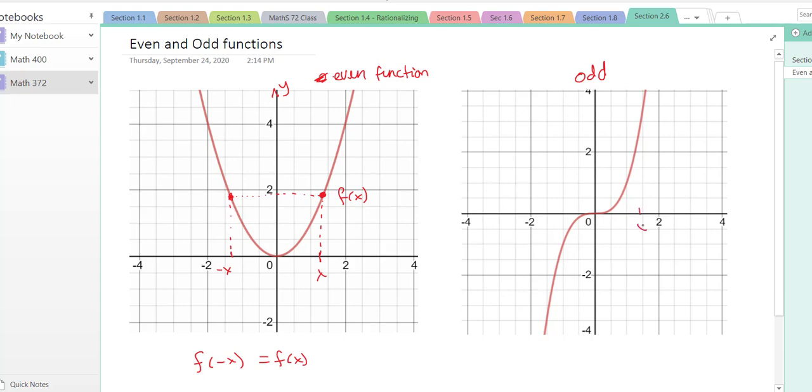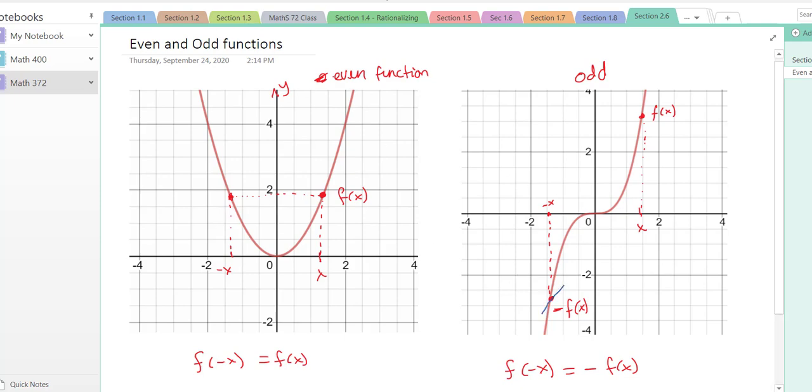Symmetry about the origin means if you have x, and this is your f of x, then when you go to negative x, you get negative f of x. The absolute values of the y values are the same, but one is negative. So algebraically, f of negative x is equal to negative f of x. In this case, we say we have symmetry about the origin.